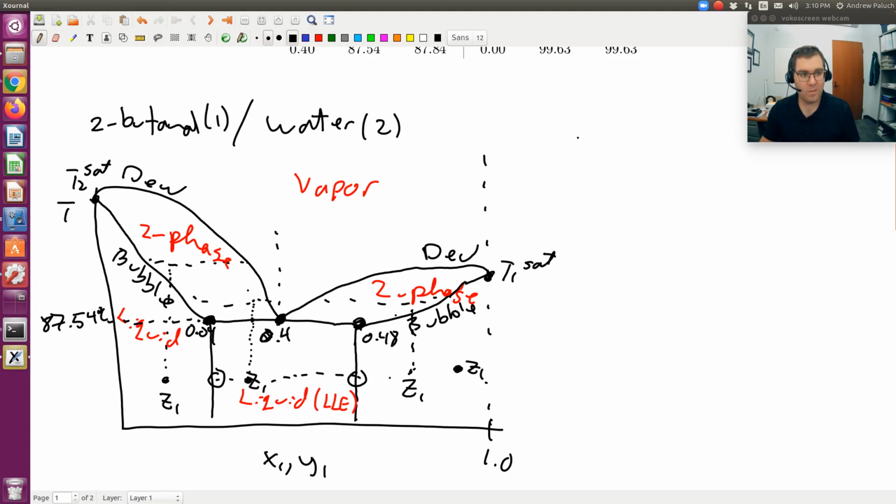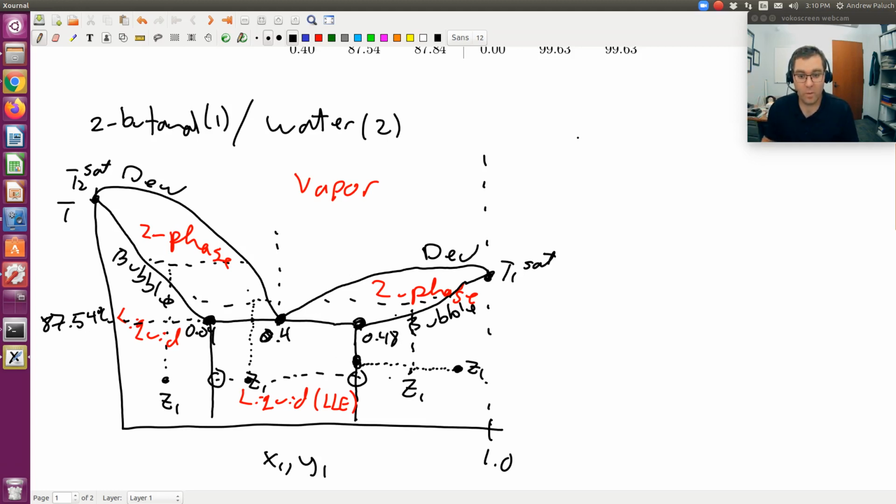Then if I'm adding water dropwise, that's going to correspond to decreasing the value of Z1. I'm going to decrease the value of Z1 until I hit this vertical. Once I hit that vertical, then in theory I hit the two-phase region. It's similar to bubble point calculations that we've encountered earlier, and it's a theoretical limit.